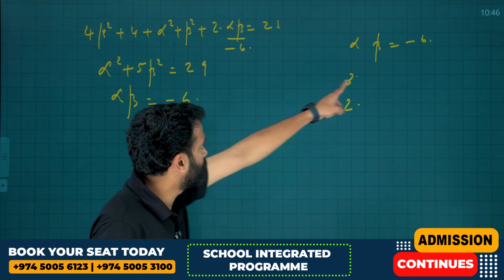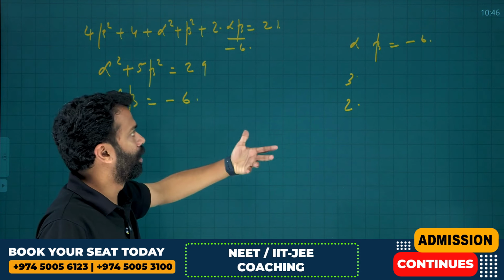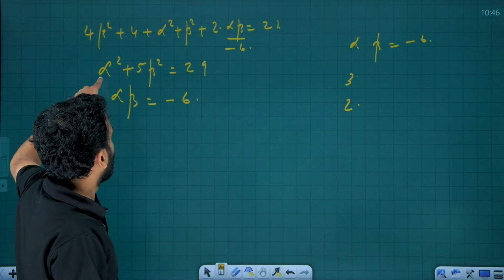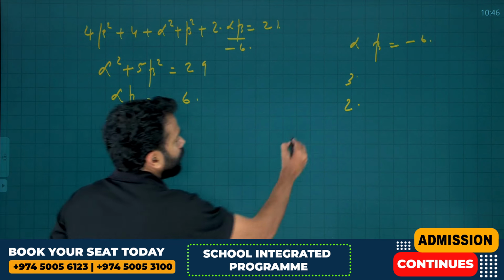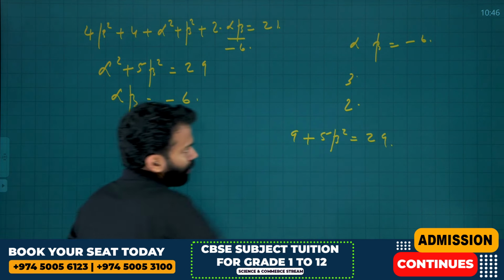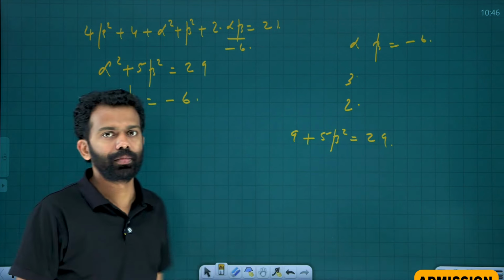Let's substitute that here, and whichever satisfies, hopefully we can go for that answer. Let's substitute 3 here. Alpha square, that is 3 square, that is 9, plus 5 beta square is equal to 29. That is 5 beta square becomes 20, beta square becomes 4. That's matched then.